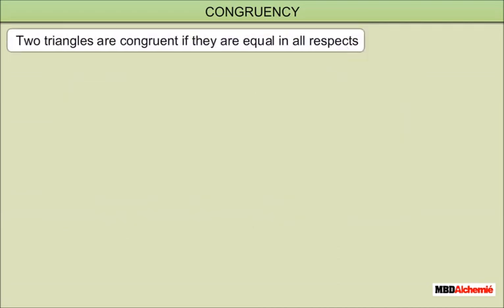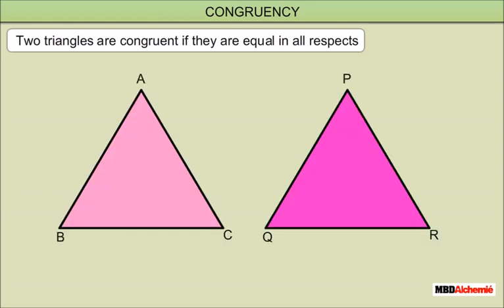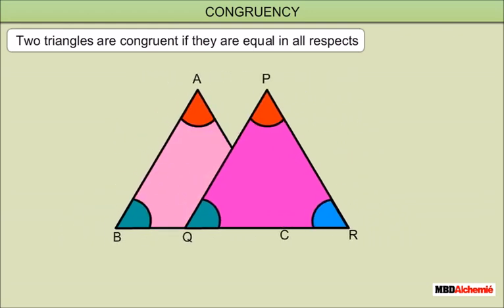Two triangles are congruent if they are equal in all respects. In the above two figures of the triangle, AB is equal to PQ, BC is equal to QR, AC is equal to PR, and angle A is equal to angle P. Angle B is equal to angle Q. Angle C is equal to angle R. Thus, triangles ABC and PQR are equal in all respects.